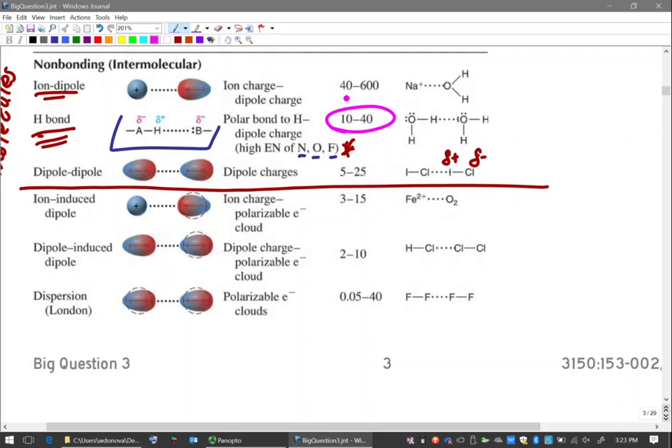Ionic and covalent bonds are in the hundreds of kilojoules per mole. So this kind of hits a sweet spot, energy-wise, that we might want to have if we wanted to stick a couple of molecules or parts of molecules to each other strong enough that they stick, but not so strong that we can't get them apart.